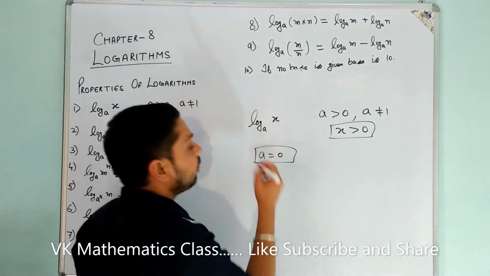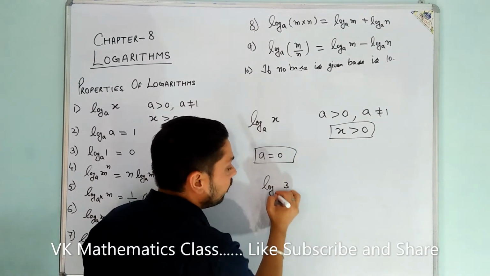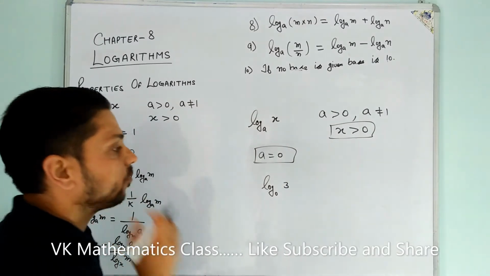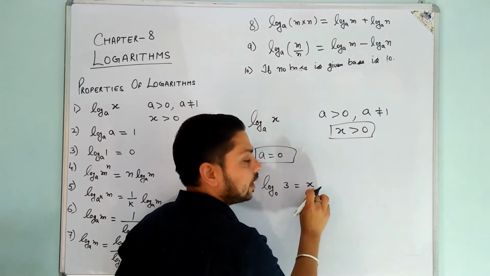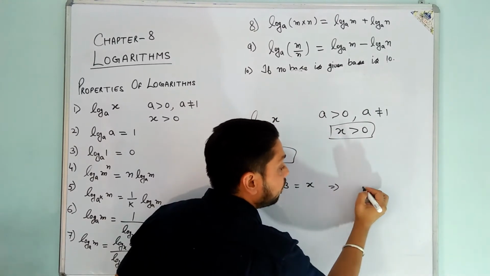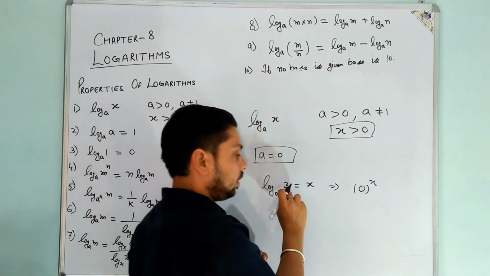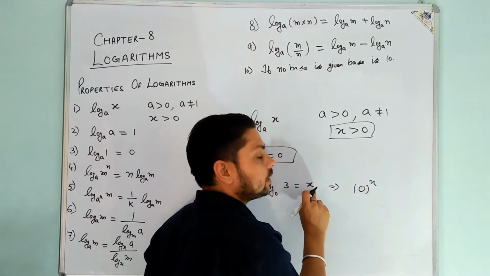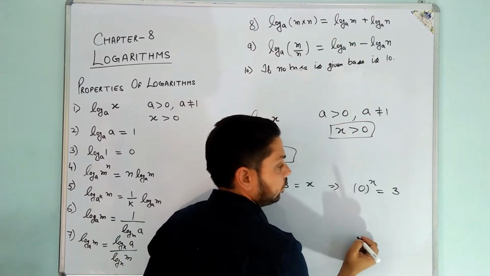Then I have to calculate, for example, the log of 3 with base 0. I don't know what the value is. I suppose it is equal to x, which means 0 raised to power x is 3. Base raised to power is equal to answer.